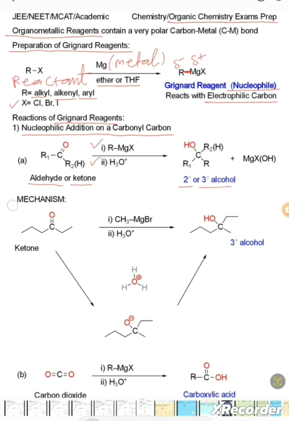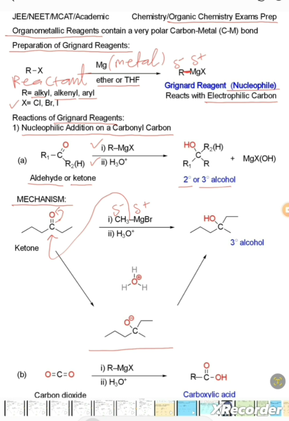So the mechanism of this reaction has two steps. First step is the nucleophilic addition of Grignard reagent to the carbonyl carbon, and the second step is the acidic workup. So here, as we saw earlier, carbon is the nucleophile, so it approaches from the opposite side of the carbonyl oxygen bond, and once the nucleophile attacks the electrophilic carbon, this pi bond breaks and you get the tetrahedral intermediate.